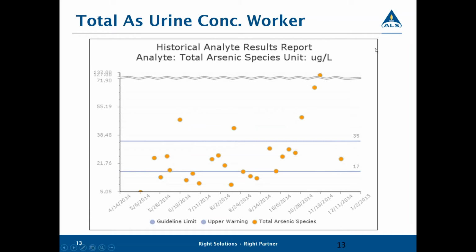And if the worker's urine results came back greater than 35, then the worker would not be allowed to work on the site until those levels came down.